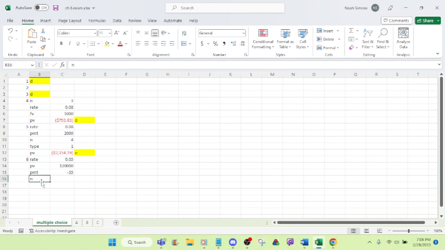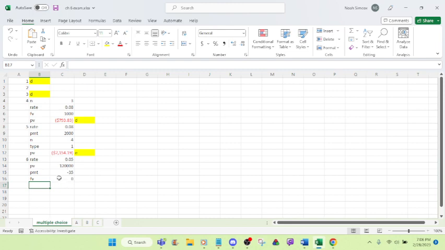Oh, you know what? We need future value to be 0, right? Because we need to get it down to 0. Future value is 0 because we're getting this number from 120,000 down to 0. The interest rate will increase the number and the payments will decrease the number.